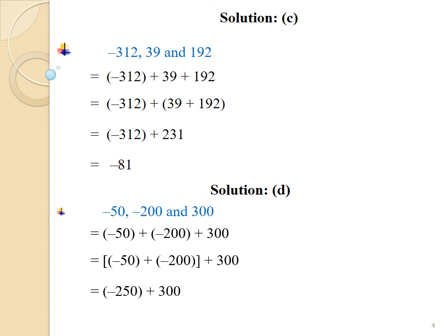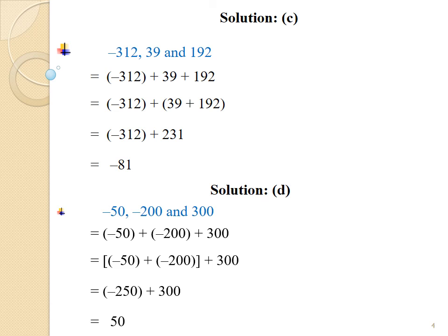Now, let us subtract 250 from 300 as one integer is positive and one integer is negative. Thus, subtracting 250 from 300 as a whole number, we get 50.